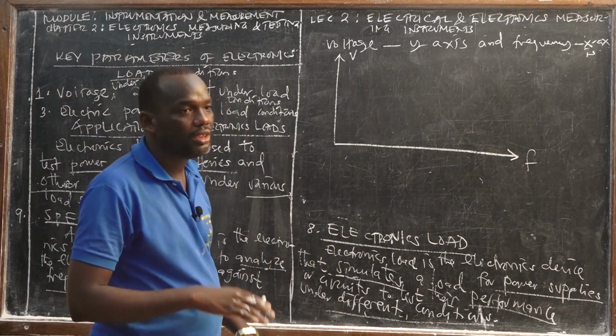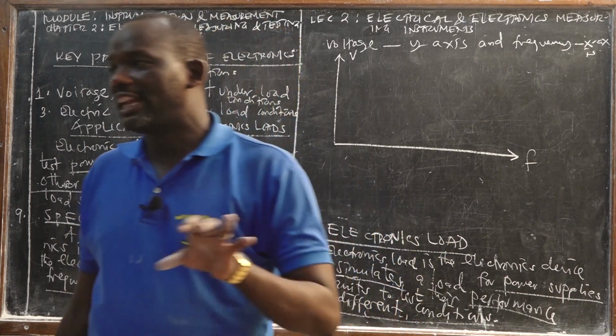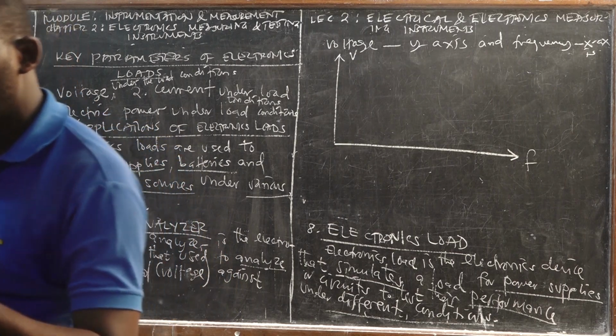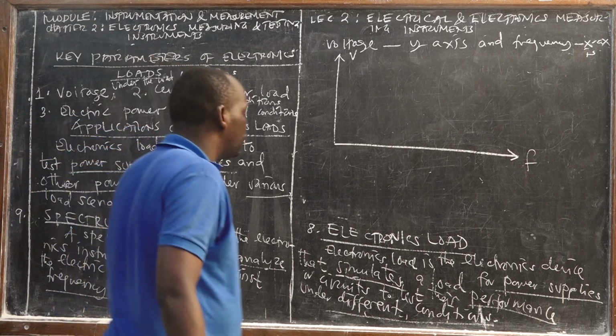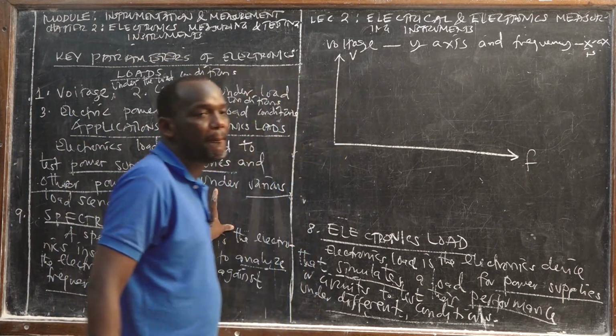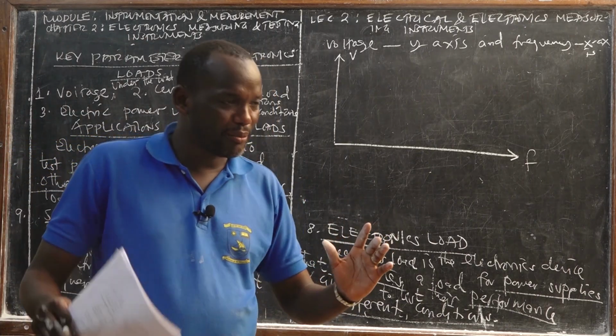While the oscilloscope measures the electric signal in terms of voltage against time. Are we together? So the main focus for this instrument is spectrum. Say spectrum. Whenever we talk about spectrum, we mean light.